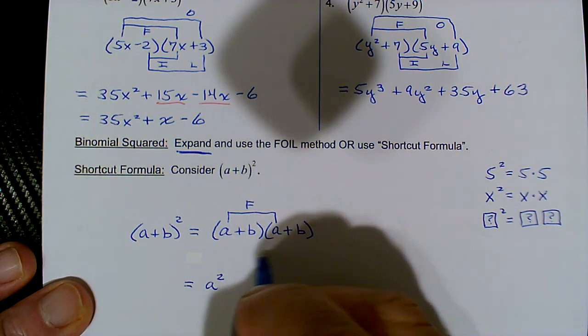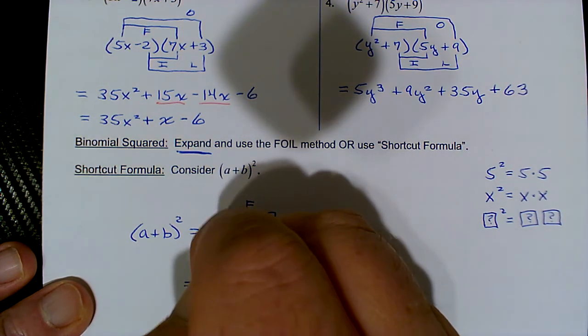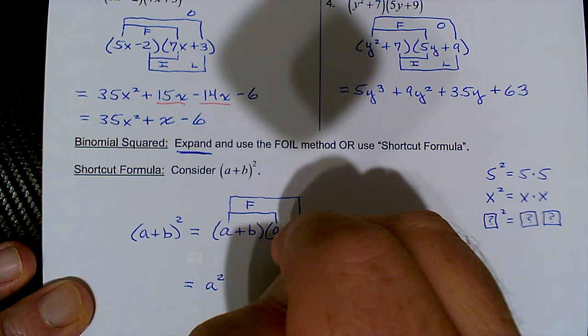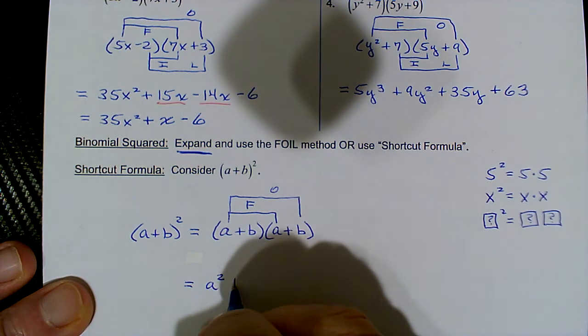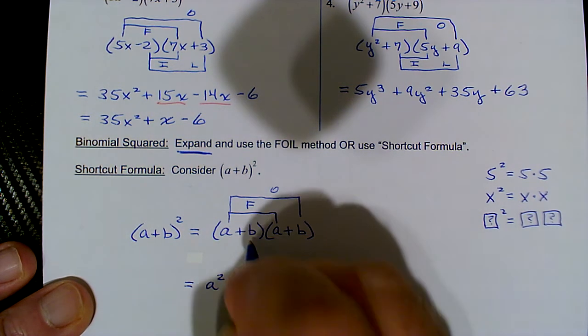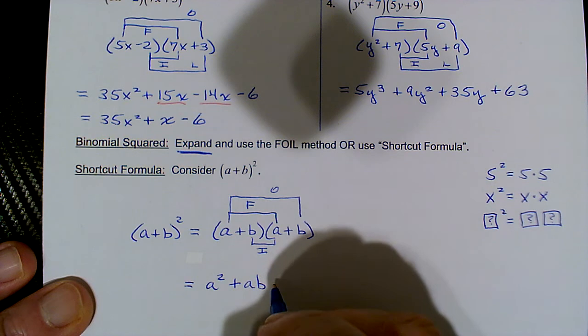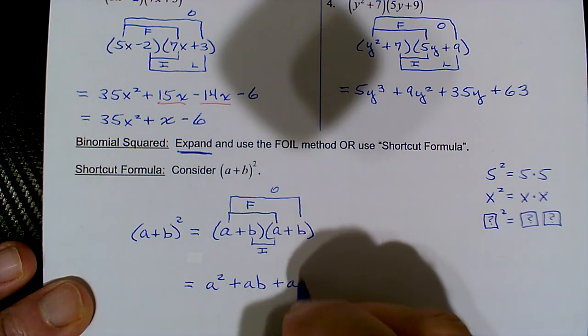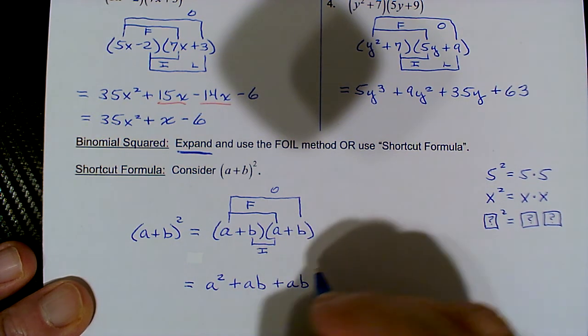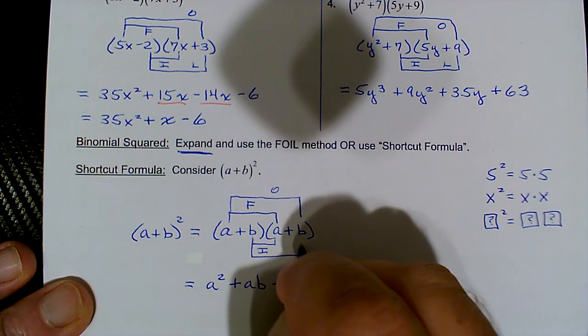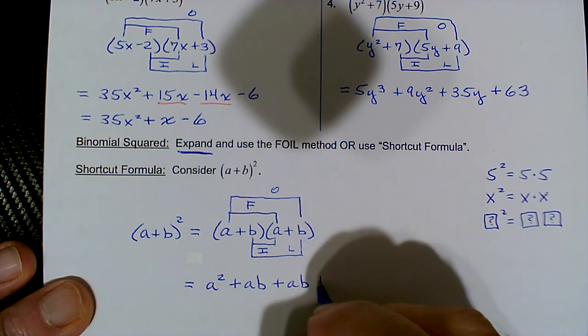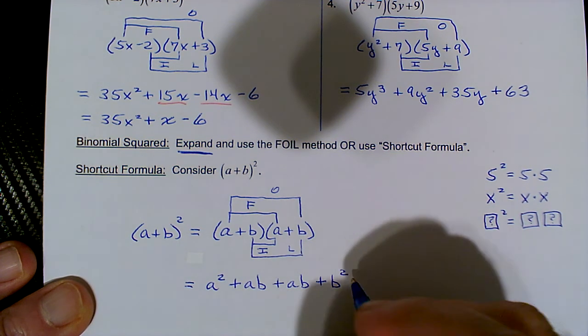Again, I want to leave some room for my arrows. The outer product, a times b, plus ab. The inner product, b times a. You could say ba, but by the commutative law of multiplication, we could switch the order and say ab. And then the last product, b times b, plus b squared.